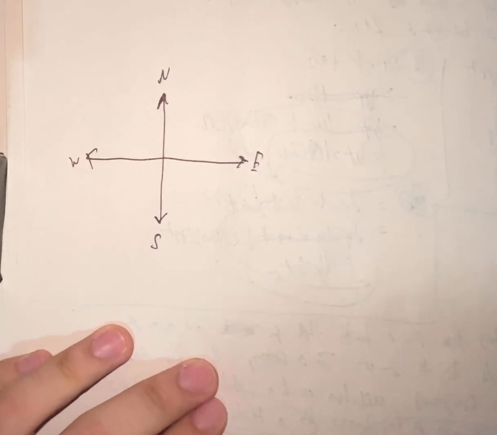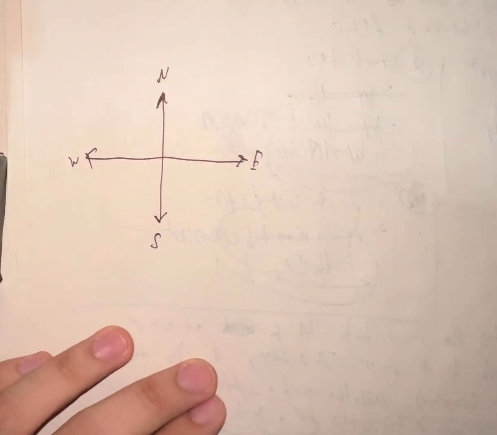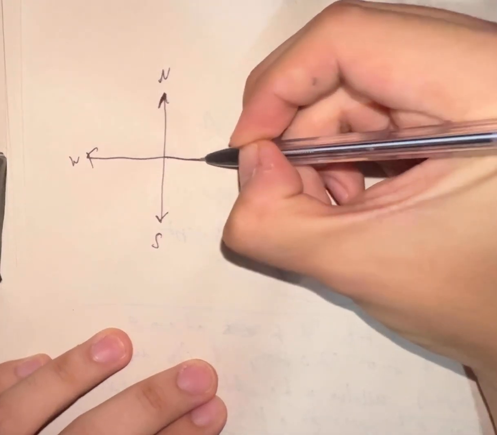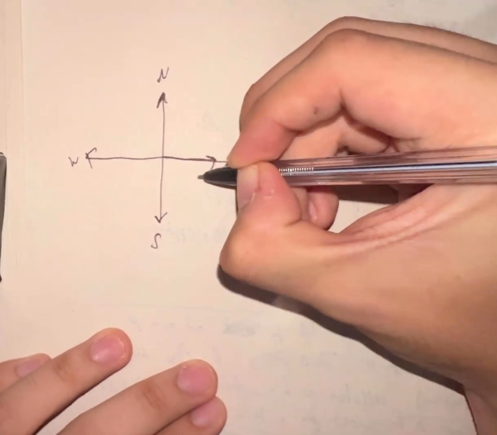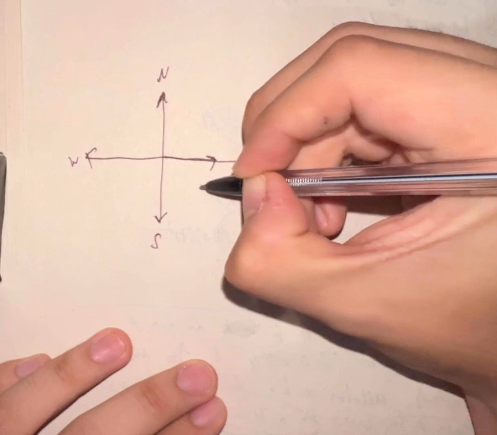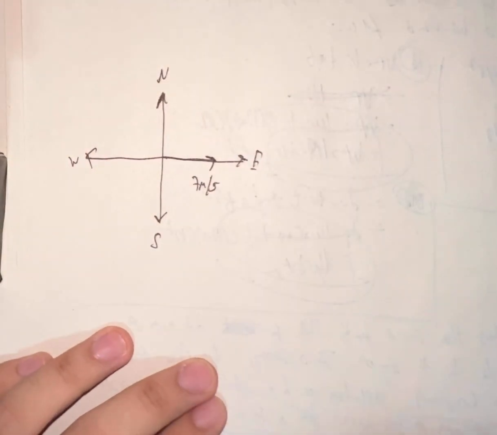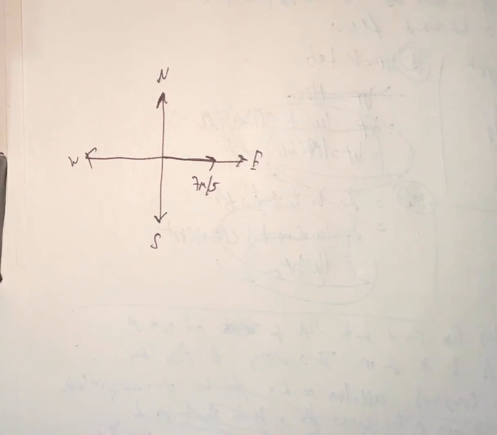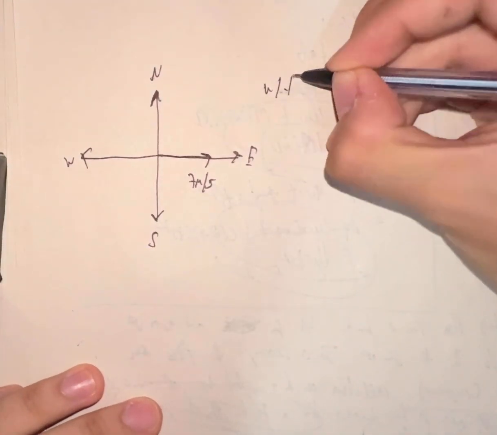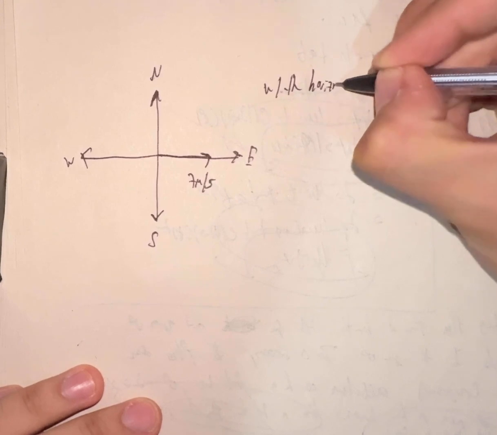So the soccer player is running forward at 7 meters per second, so basically, it represents the 7 meters per second here. And he kicks the soccer ball with a velocity of 10 meters per second at an angle of 10 degrees with the horizontal. So there's another keyword: with the horizontal.